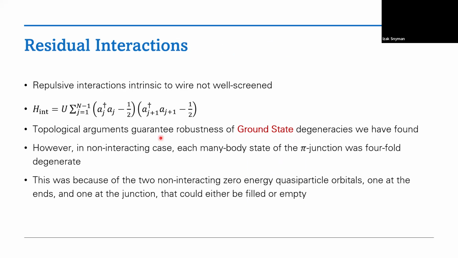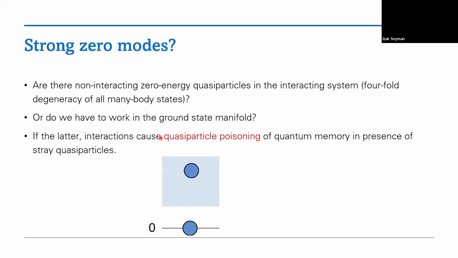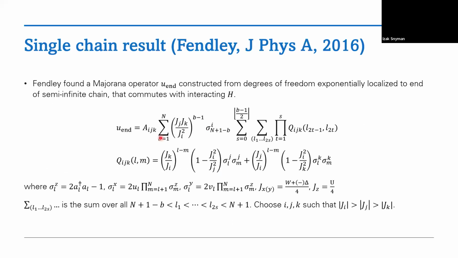It's the charge on site j multiplied by the charge on site j plus 1. So you see that this operator, for a semi-infinite chain, would commute with the full Hamiltonian.